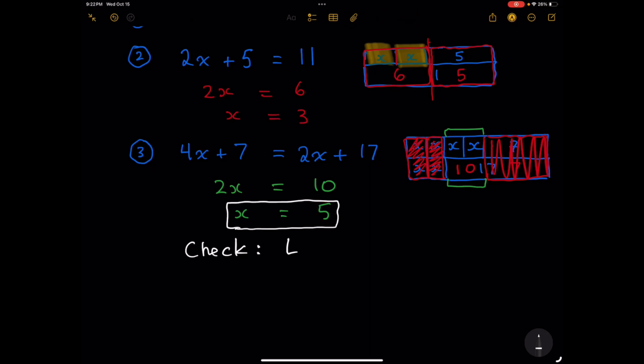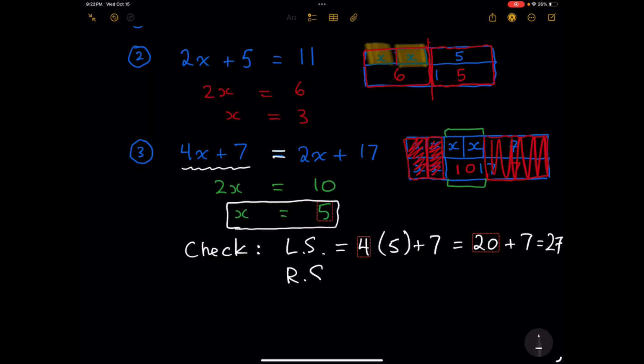So the left side, here's the equal sign, the left side is 4 times 5 plus 7, and that equals 20 plus 7, which is 27. And then the right side of the equation is 2x. x is 5 still, so 2 times 5 plus 17. That's 10 plus 17. Also equals 27.